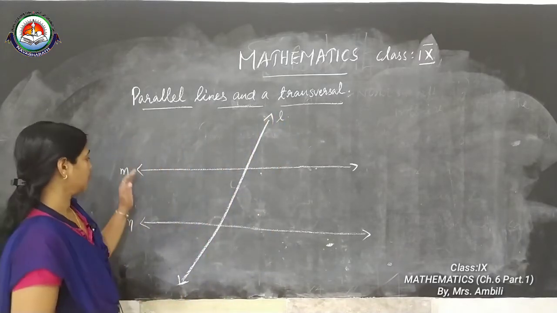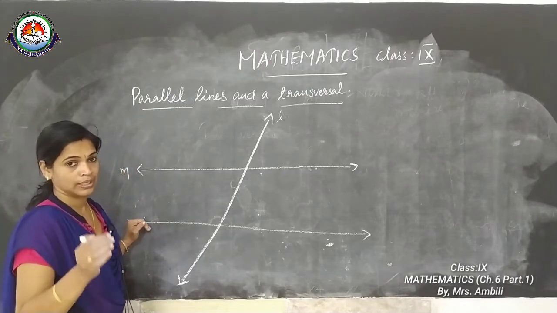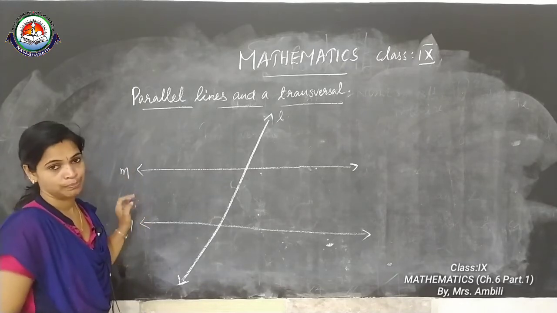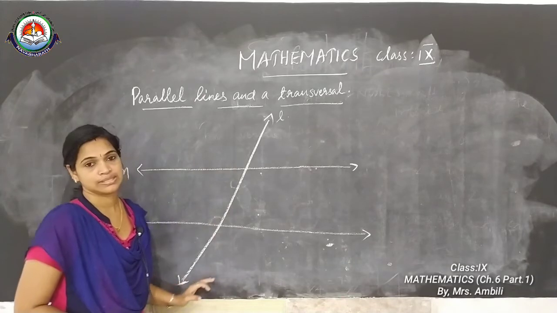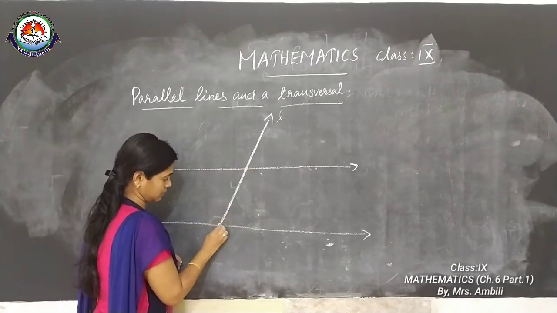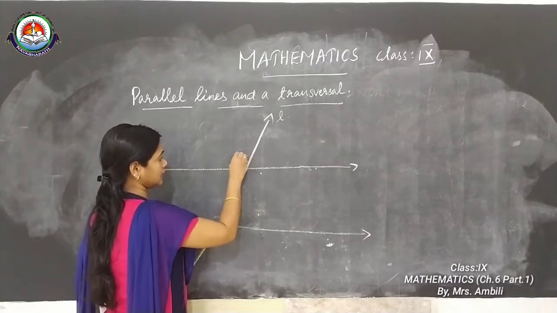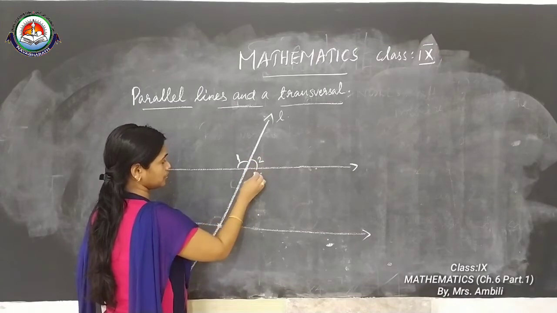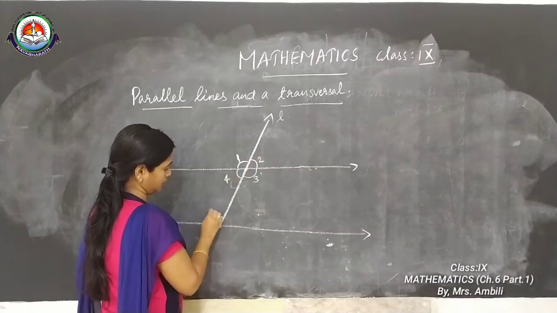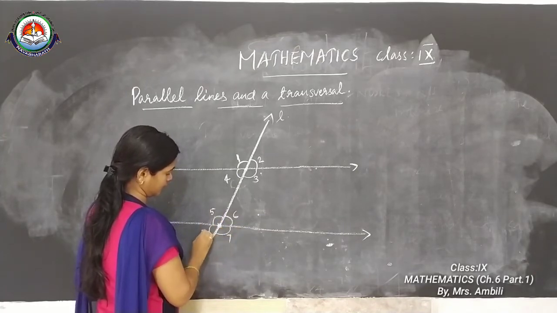So, two parallel lines I drew here. Use your ruler and pencil. Draw two parallel lines and one transversal. Okay. So, P and Q are two points. We know that our angles are angle 1, angle 2, angle 3, angle 4, angle 5, angle 6, angle 7, angle 8.